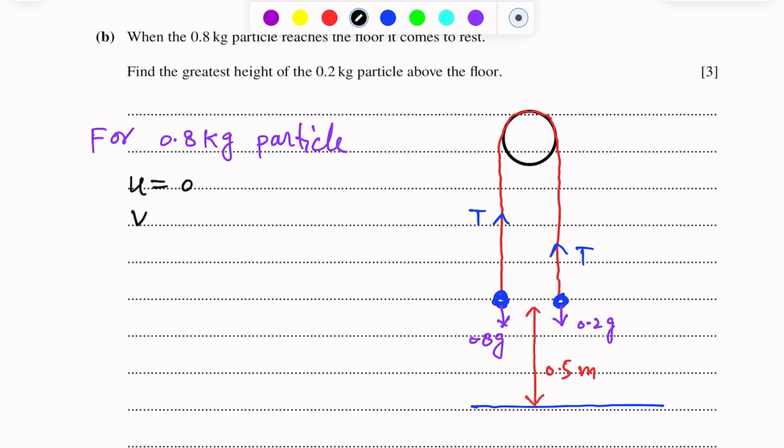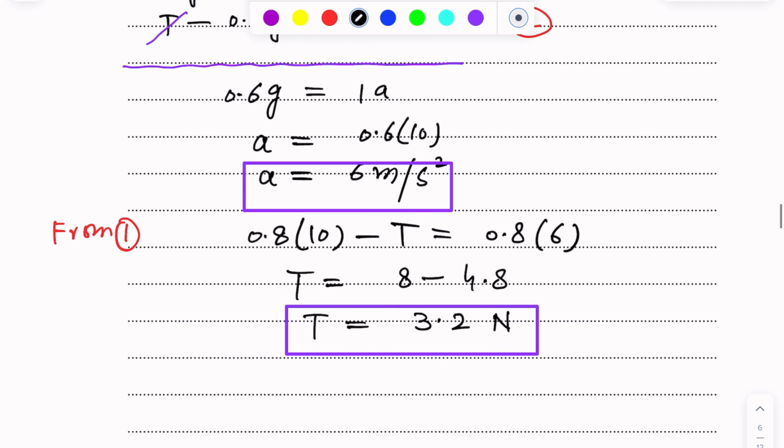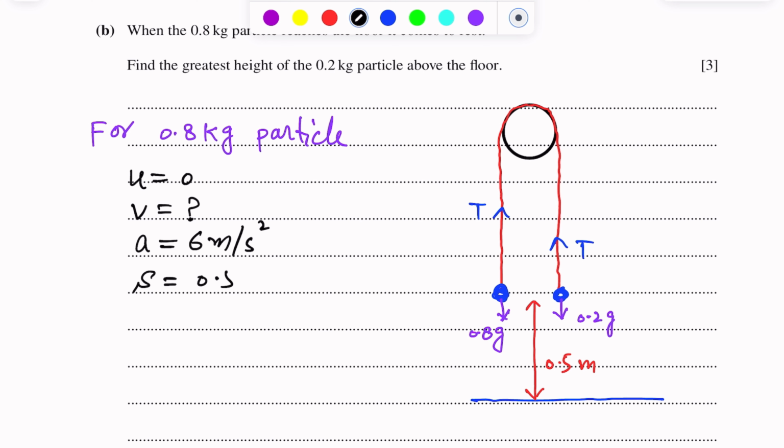Final speed we have to find with which this 0.8 kg particle reaches the floor. Acceleration we have already found, that is 6 meter per second square, and the distance from the particle to the floor is 0.5 meter.